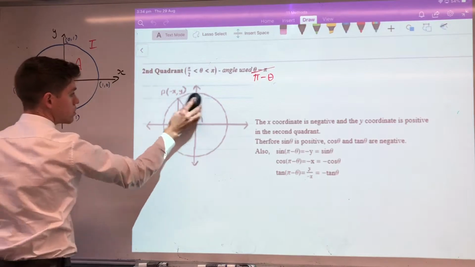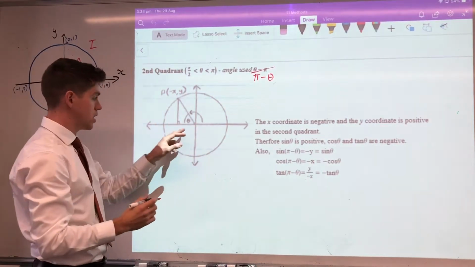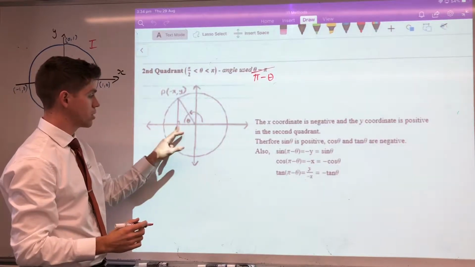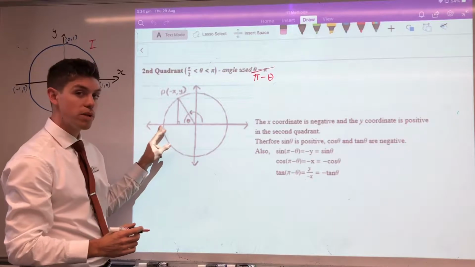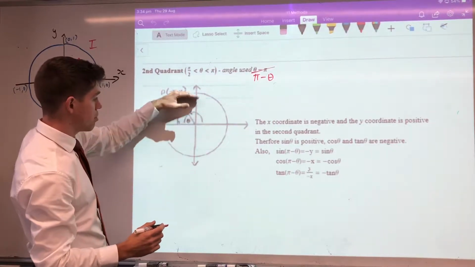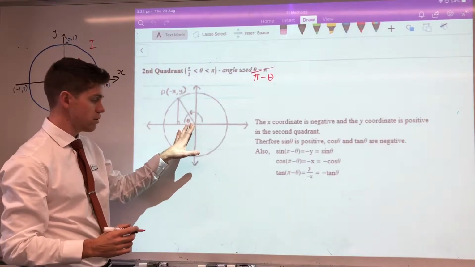So let's look at the coordinates for a moment. The x coordinates in the second quadrant are always going to be negative. So our cos values will always be negative. We're still above the x-axis for all of the y values, which means that sine will always be positive.